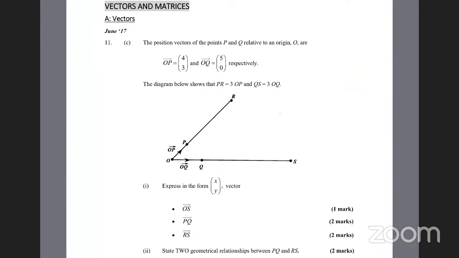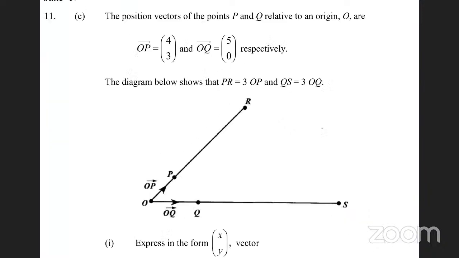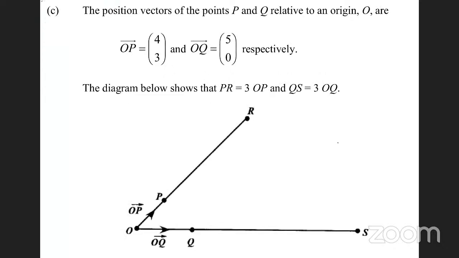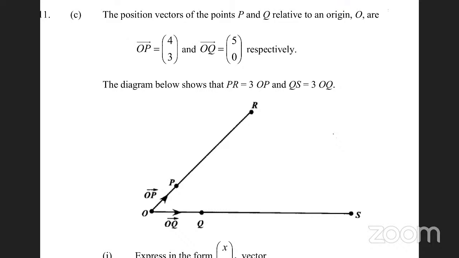Right, when you do a vector question, I know you will have your past paper with it there, but every time you do a vector question, you have to draw it. Without a proper diagram, you're not going to get this out. Go ahead, draw a diagram, put in the important things.